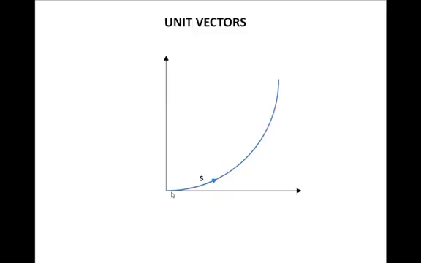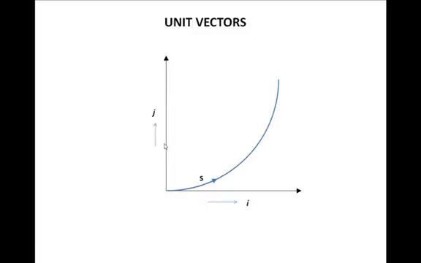Let's say a particle is moving along this path. The path variable is s, meaning the distance along this path will be s. Now, all of us, I'm sure, are familiar with i, the unit vector along the x-axis, and j, the unit vector along the y-axis.